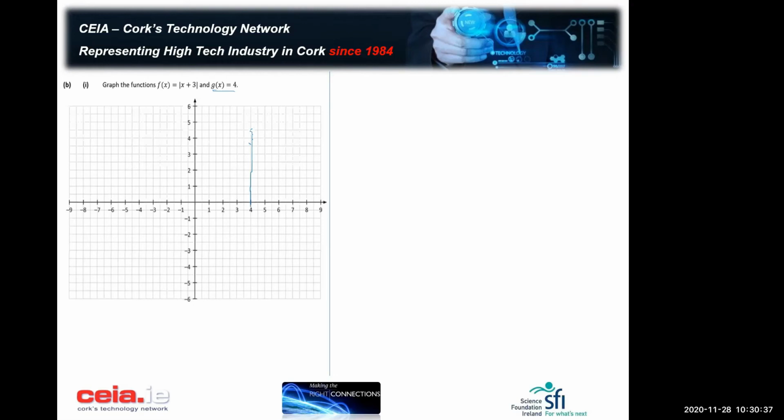Sorry for not getting a straight line. Apologies, the other way around. G of x is equal to 4. That means anywhere that y is equal to 4.